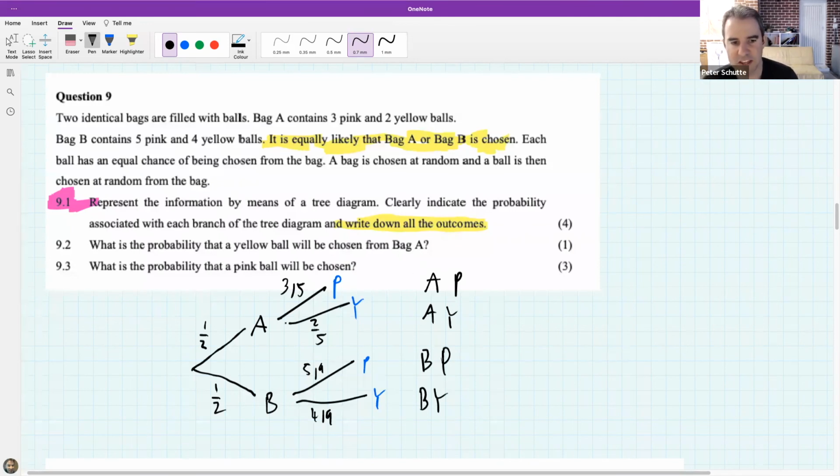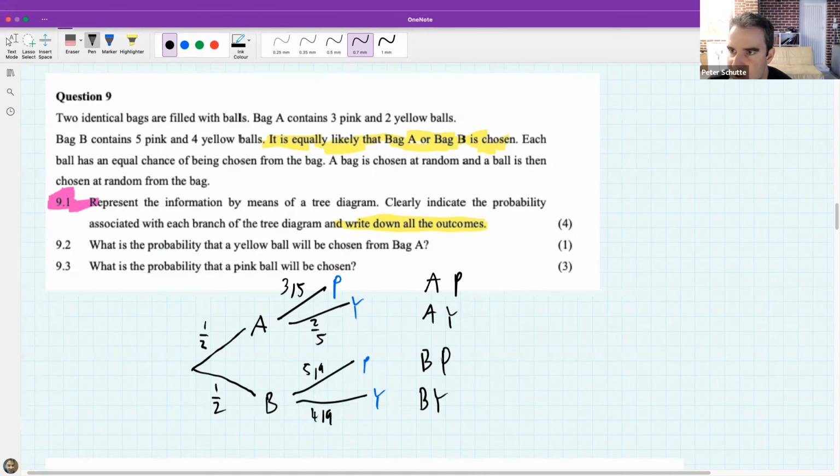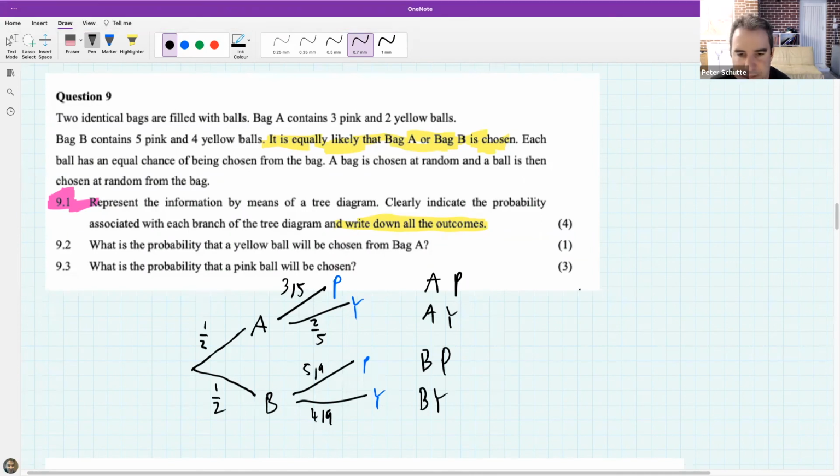And so these are the possible outcomes that we can have. There's 4 possible outcomes. However, they're not all the same. Okay, now it says, what is the probability that a pink ball will be chosen? Okay, and it's for 3 marks. Now, they're asking basically a pink ball will be chosen. So let's just finish with that question, and then we'll call it a day for today.